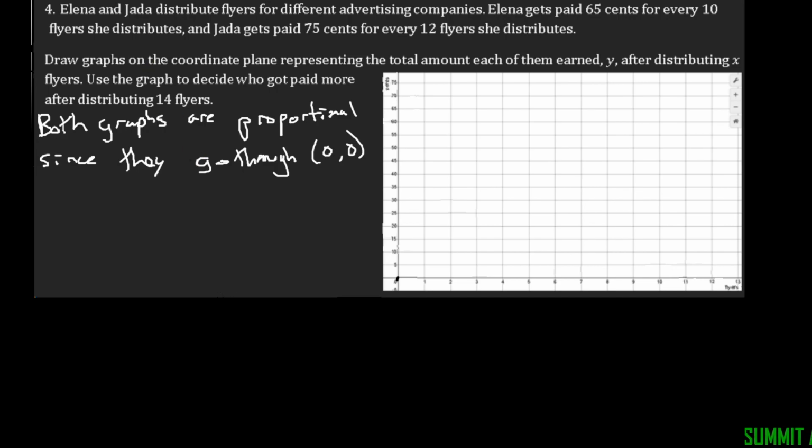I'm going to say, let's do blue for Elena. Elena's point is 10, 65. So let me plot that. Go over to 10, go up to 65, plot that point.